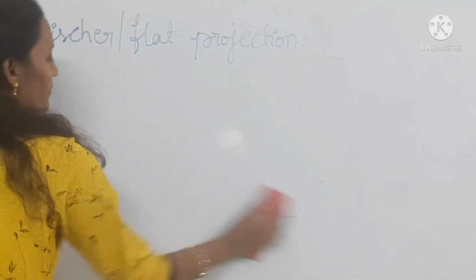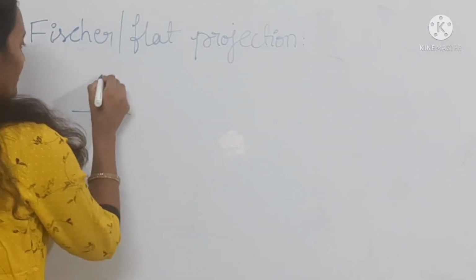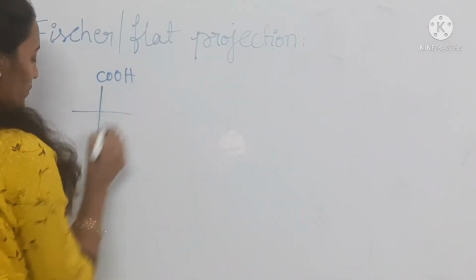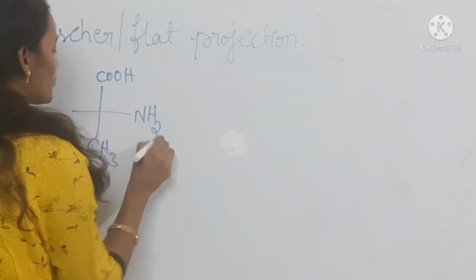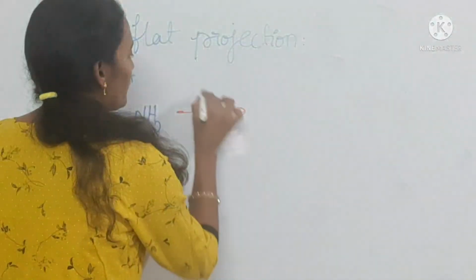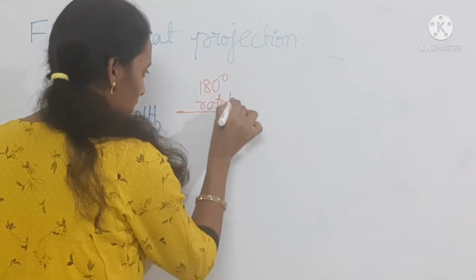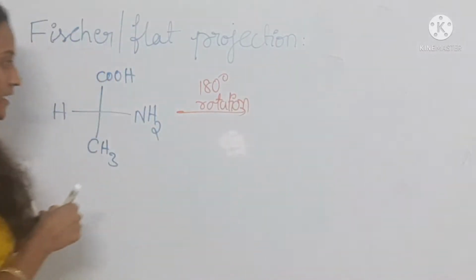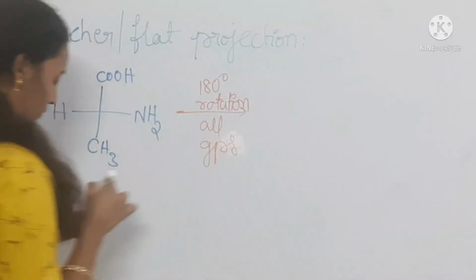Okay, coming to alanine, that one is also the same. If you try it, you will get the same homomers. Okay, see, COOH group, this is CH3 group, this is amino NH2 group, this is hydrogen. By 180 degrees rotation of all groups present in this alanine, what will you get?